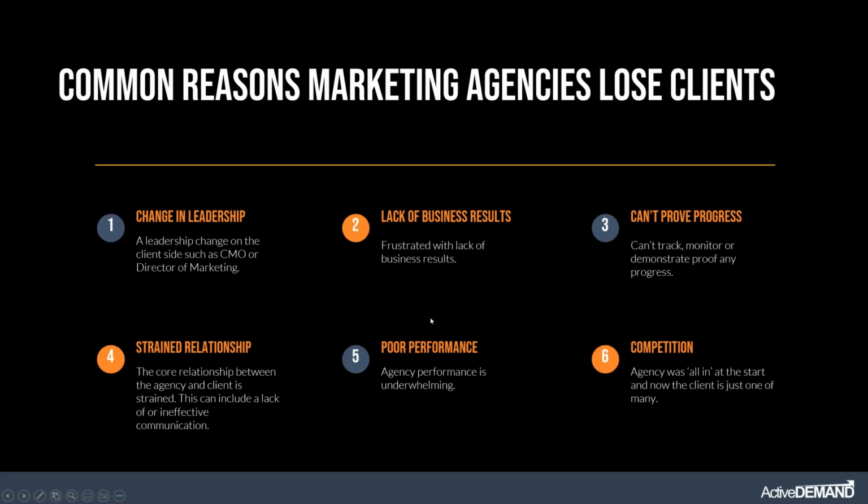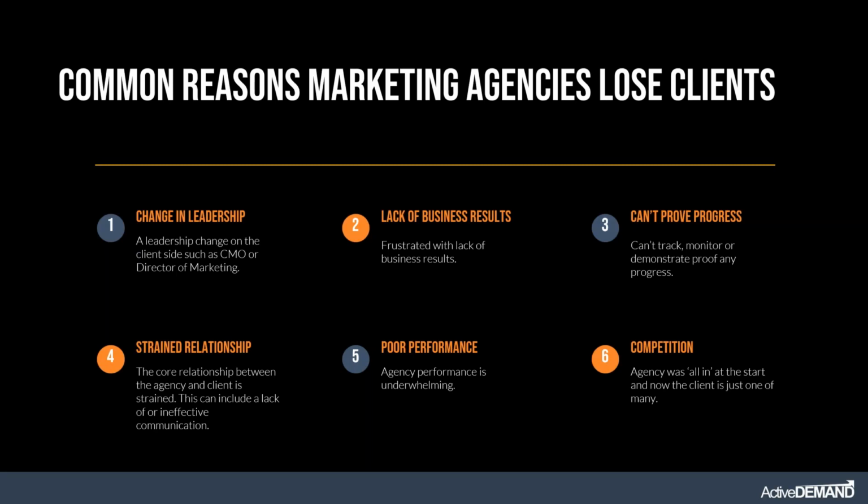And there are lots of reasons, and I could do a whole presentation on churn for an agency. Definitely a change in leadership on the client side, you lose your champion. Maybe you're not actually moving the needle for the client because you're not an expert in their vertical. You can't demonstrate or prove the results that you're giving your clients.